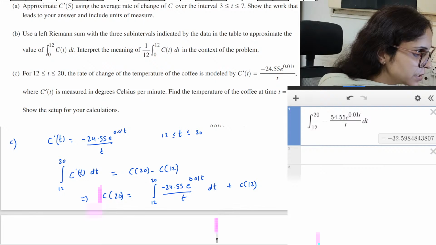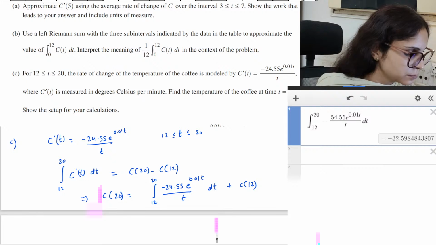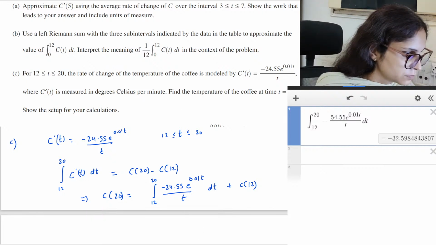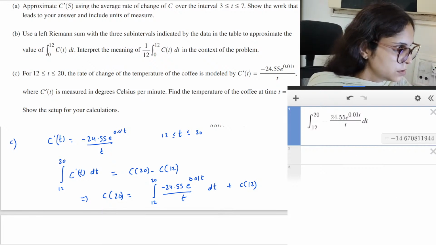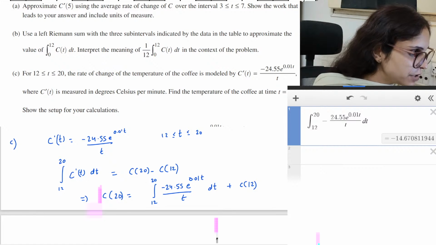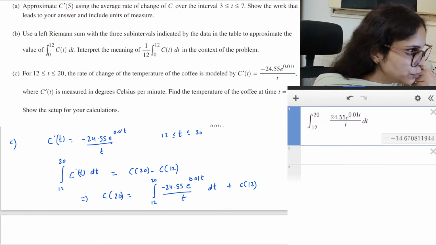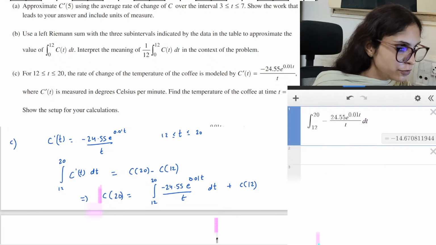Let us check if we have done everything correct. It is negative 24.55 e to the power 0.01 t over t dt. Perfect.